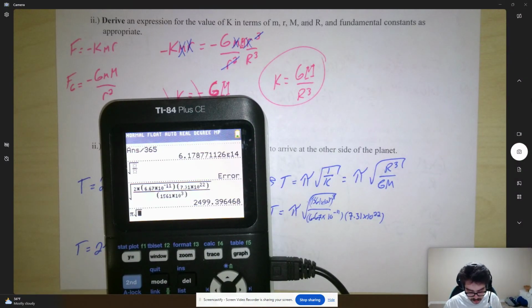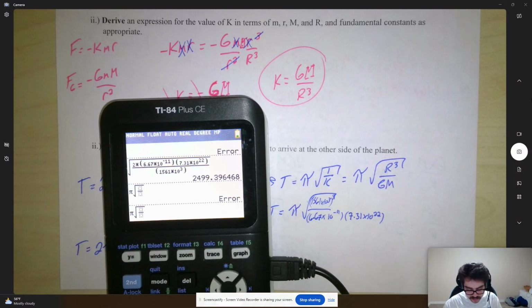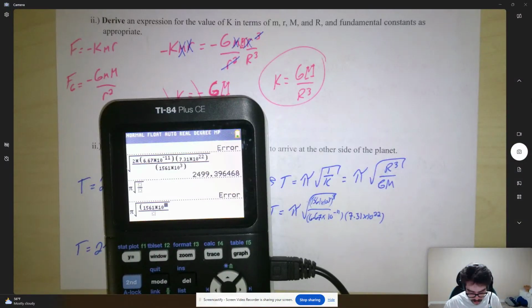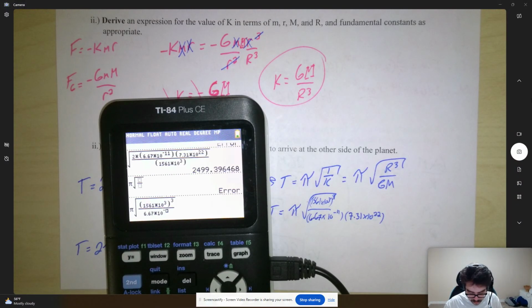I should get in the top here. Oh my gosh, I keep accidentally hitting enter because I keep thinking I need to hit enter to confirm I want to do a fraction. 1561 times 10 to the third, raise the whole thing to the third power over 6.67 times 10 to the negative 11. I guess I don't need to put parentheses because I'm multiplying everything, but I'm going to do it anyway because I'm a neat freak.